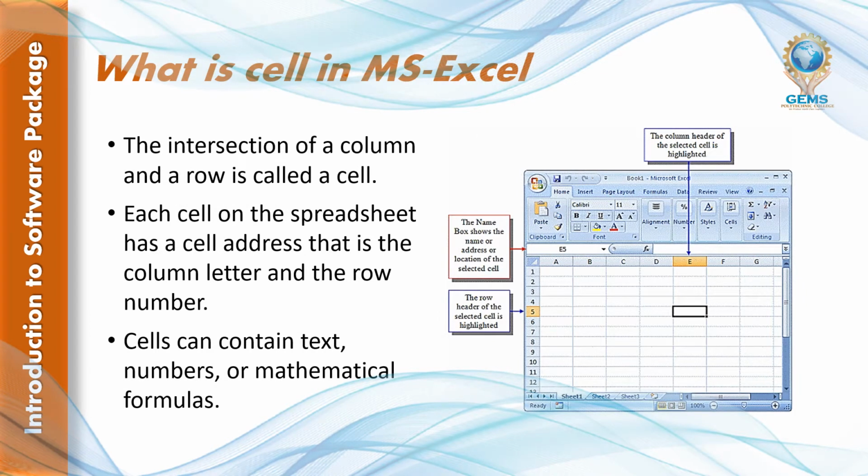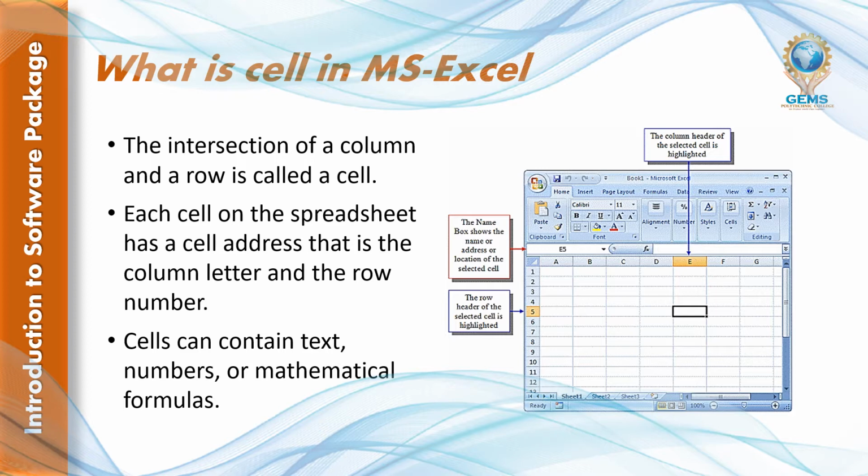Now we will see what a cell is in Microsoft Excel. A cell is the intersection of a column and a row. Each cell on the spreadsheet has a cell address, that is the column letter and the row number.